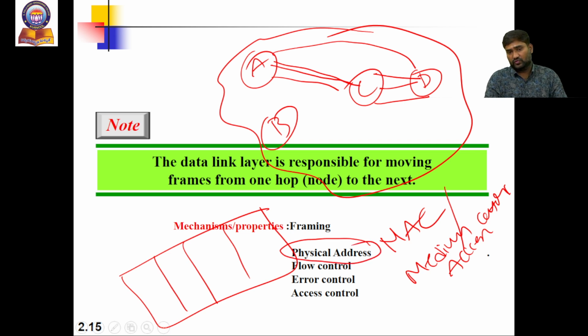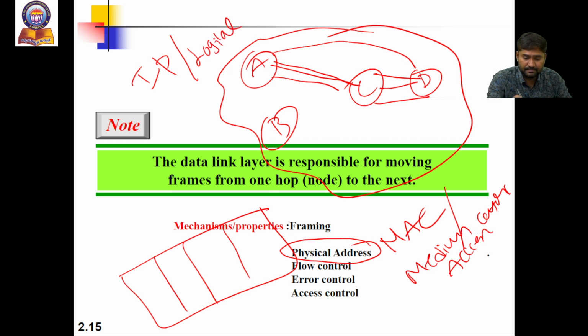The physical address is a constant address. It doesn't change in the network. It's a unique address. But IP is Internet Protocol, and another name for the IP address is a logical address. IP address or logical address, both are the same.